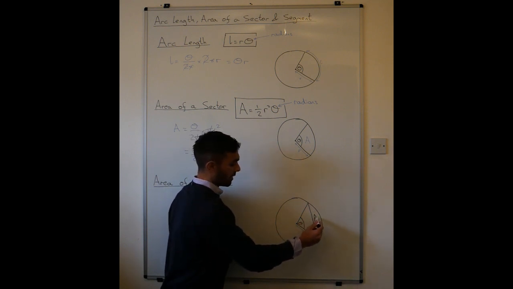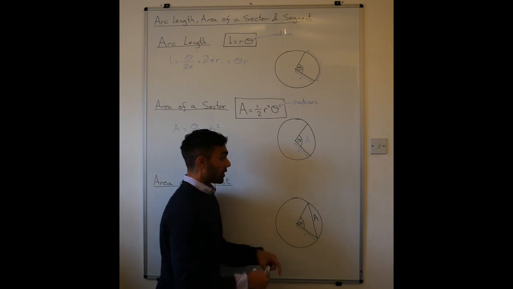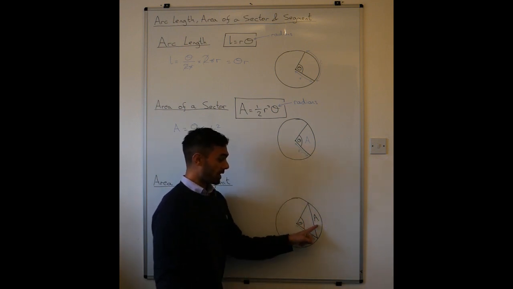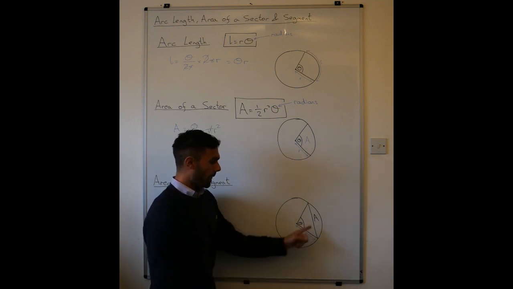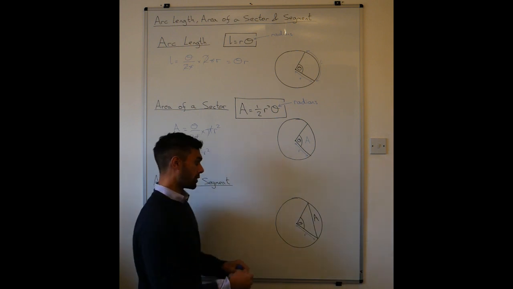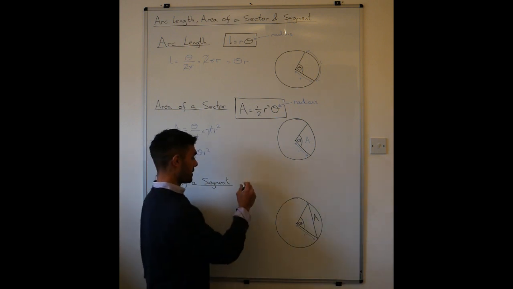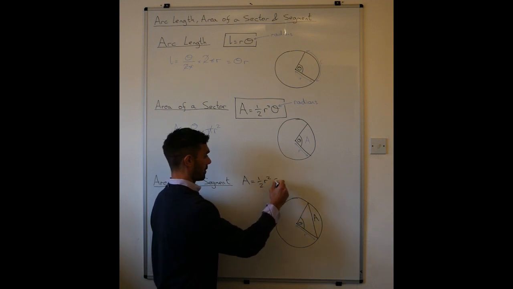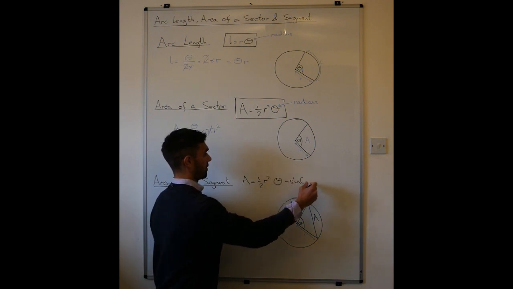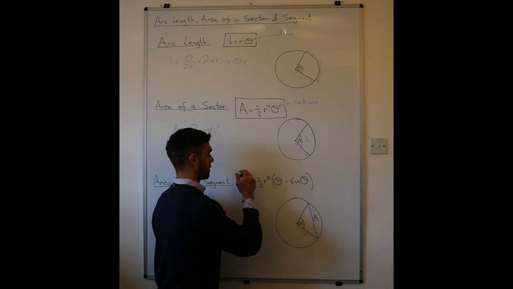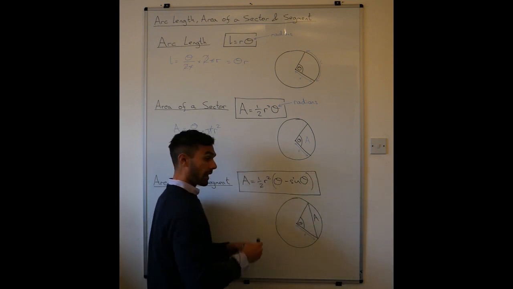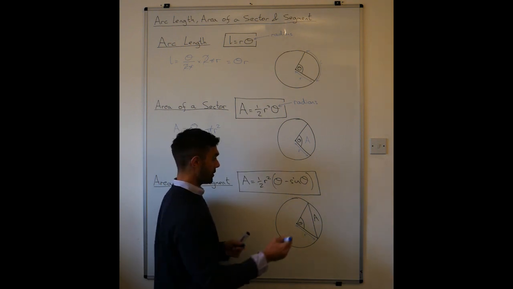I'll use A for the area. So if the sector is a pizza slice, perhaps you could think of a segment as the crust of the pizza. All right, and the formula to work out the area of a segment is shown here. Again, all angles must be in radians.